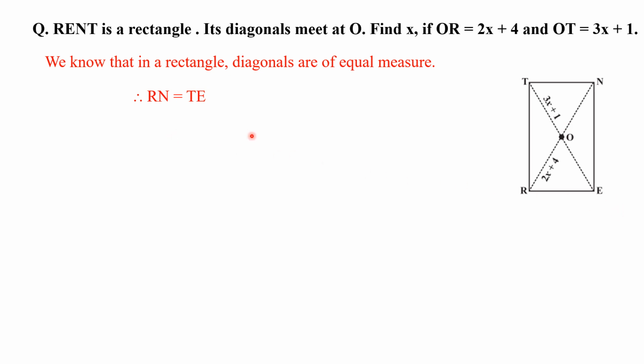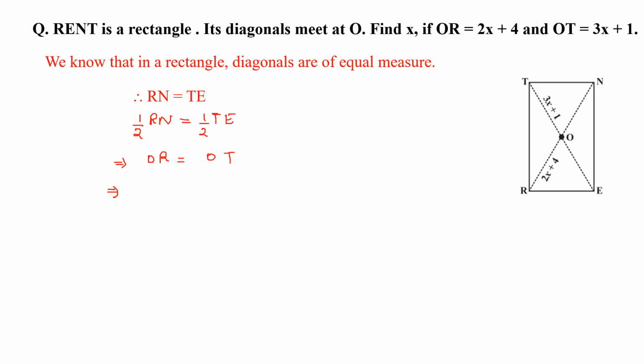So if both the diagonals are equal, can I say that half of them will also be equal? Means if I take half of RN, this will also be equal to half of TE. Okay, and what is half of RN? Half of RN I can write as OR and half of TE I can write as OT.